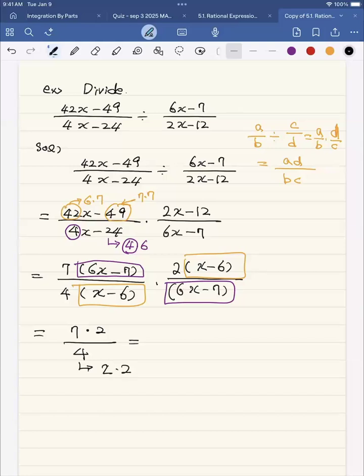So we rewrite that as 7 times 2 over 2 times 2, and these two will cancel each other, and then we have 7 over 2.